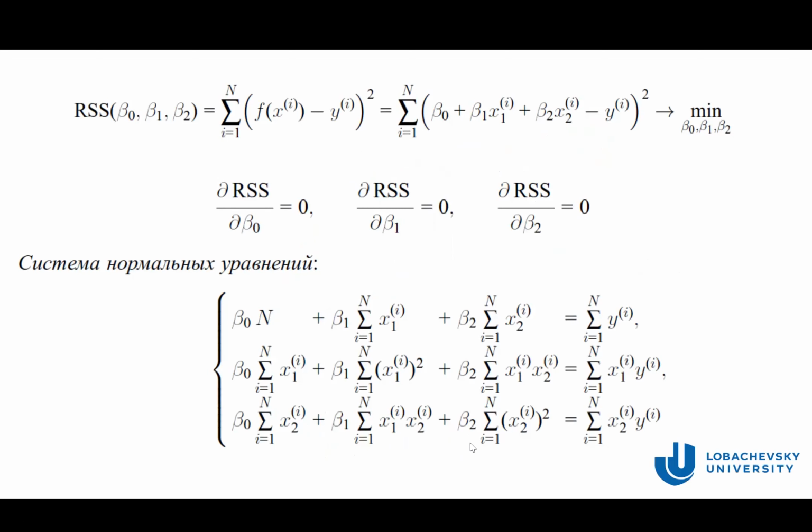In this situation also you can find the partial derivatives of the RSS with respect to b0, b1, and b2, and you get the system of normal equations. It is like this one, and you can solve it.